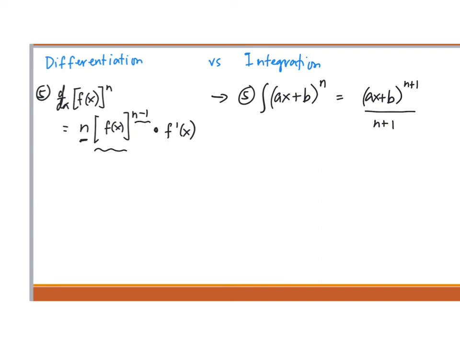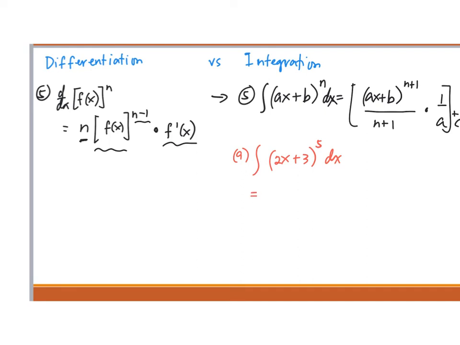And instead of times f prime of x, because the derivative of ax plus b is a, we divide this by a. Now, dividing by a is like multiplying by 1 over a. So it's easier to write this as times 1 over a. All right, let's take some examples. But we forgot our dx here. And we also need a plus c here.